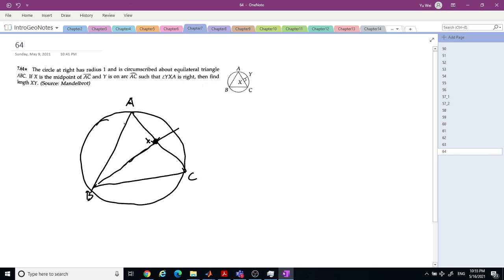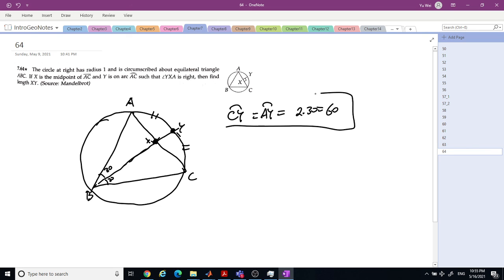For the equilateral triangle, we know X is also the angle bisector. So here is Y. We also know the arc CY equals the arc AY, equal to 2 times 30 degrees, which is 60. Okay, these are all properties of the circle.